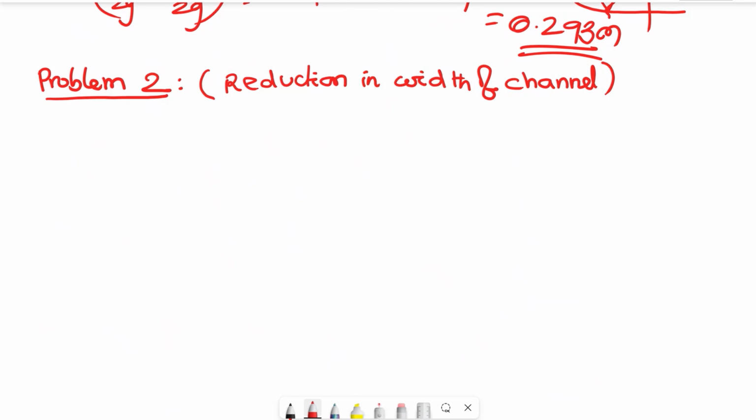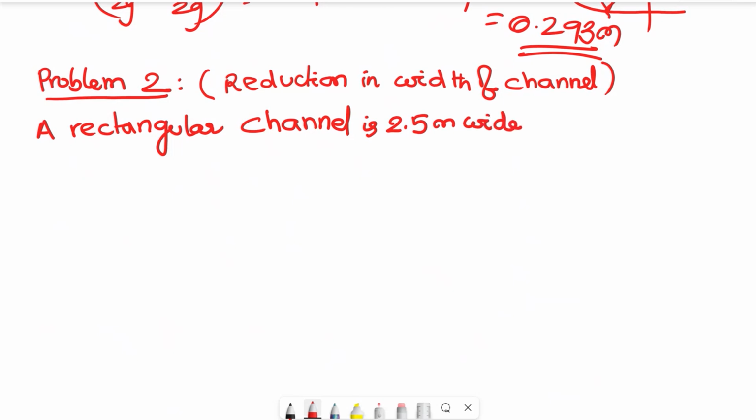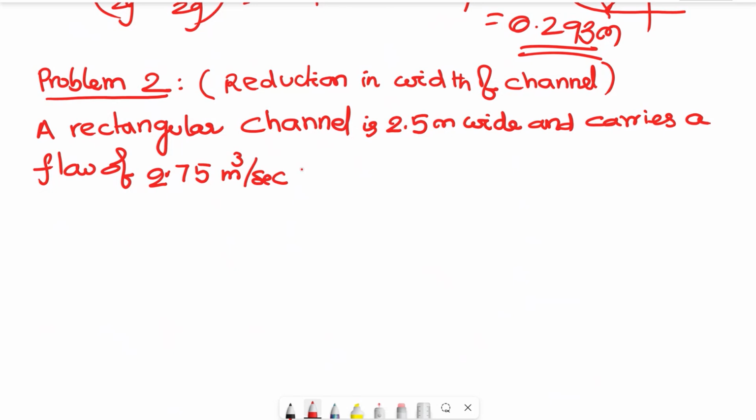So a rectangular channel is 2.5 meters wide and carries a flow of 2.75 meter cube per second at a depth of 0.9 meters.